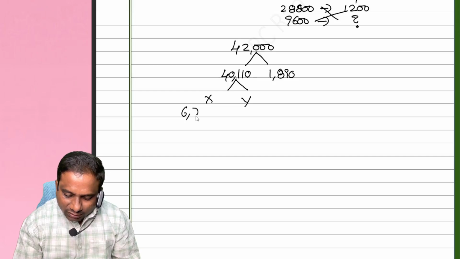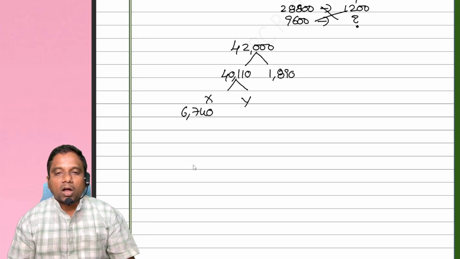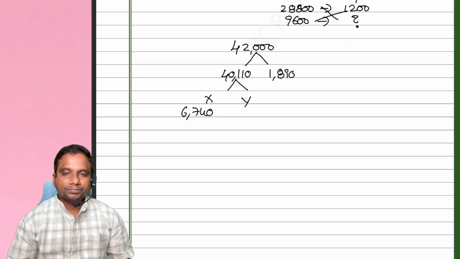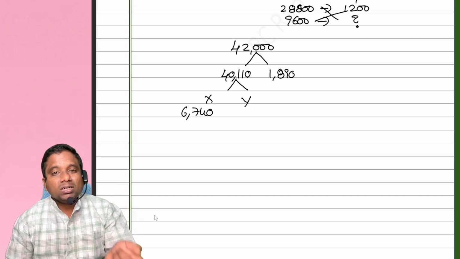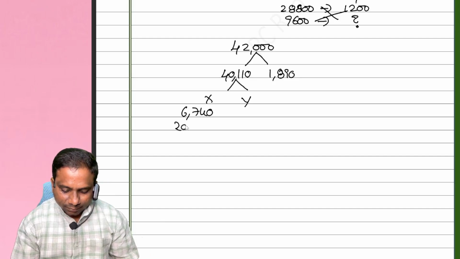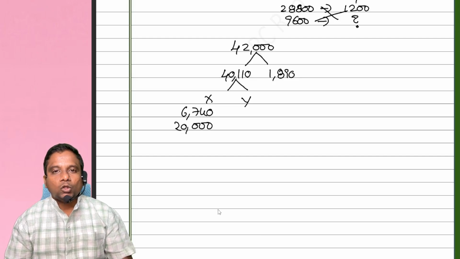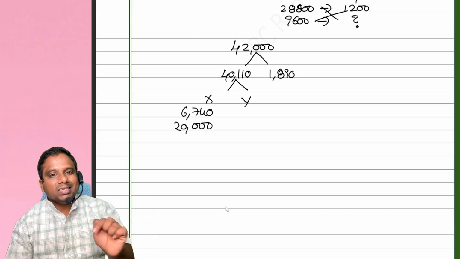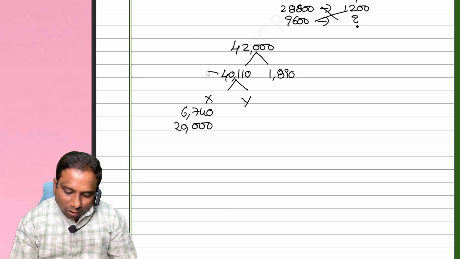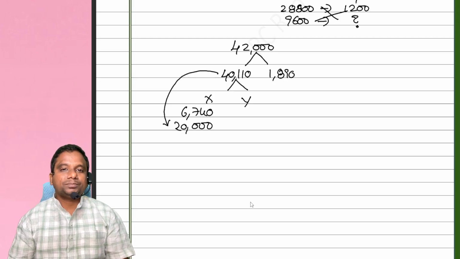Directly we have sent 6,740 to X. Out of 40,110, we have just sent 6,740 to X. How much amount actually does X have to send to honor the first bill? 20,000. I repeat, to honor the first bill, X has to send 20,000 rupees. So indirectly, out of 40,110, X utilized 20,000 rupees.